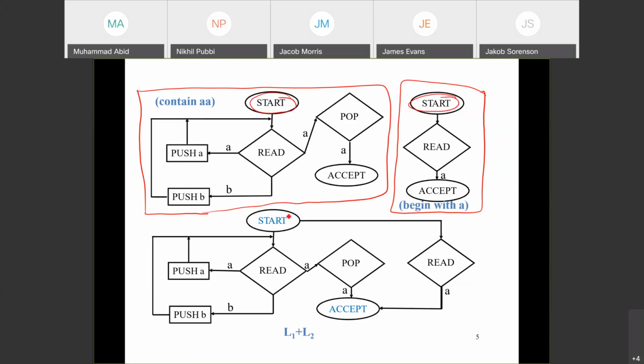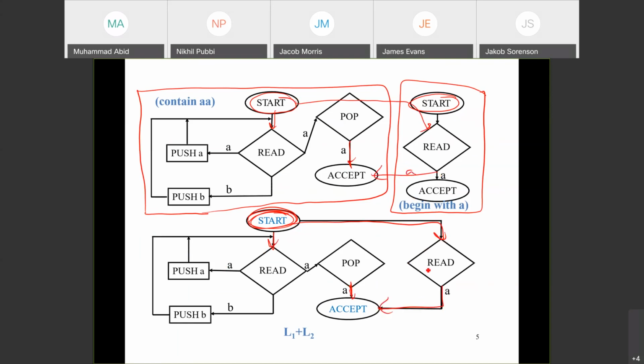We have one start state here, and this goes to this read, and this goes to this read. From onward here we have the same machine, but where you have this accept state, this A goes to this accept. Instead, you have a second accept, so you connect this with this one, and this is A.